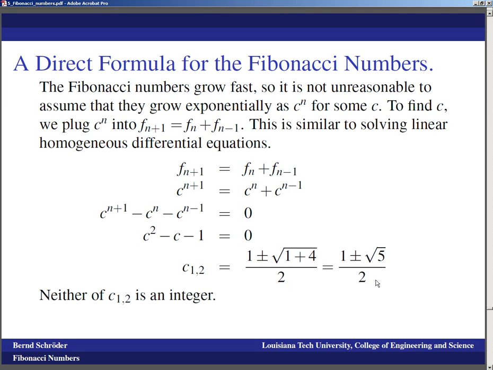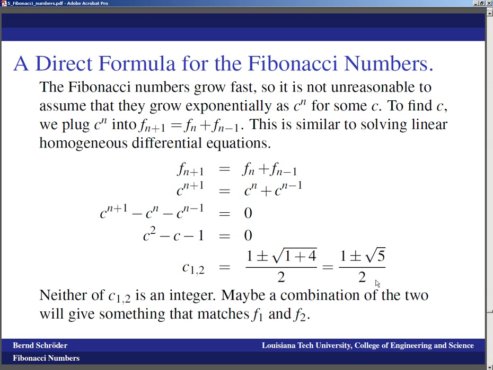Well, okay, don't quite give up here, because maybe a combination of the two will give something that matches f_1 and f_2, because after all, if there is a solution of the form c to the n, I can multiply that with a number, and basically all that happens is that I would factor out that number and cancel it, so that's valid.